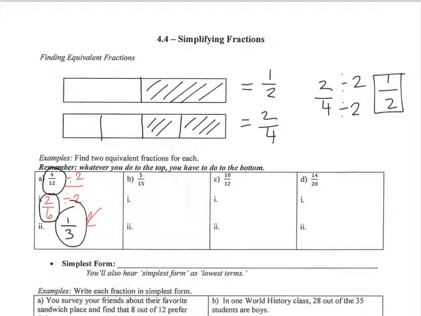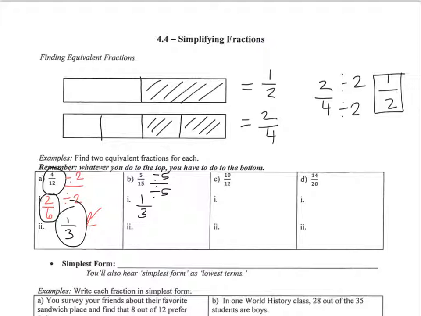And then B. Let's try this one. Is there a number that 5 and 15 both go into? Yep, it's 5. So you divide the top by 5 and the bottom by 5. So you get 1/3. I can't divide 1/3 out anymore.